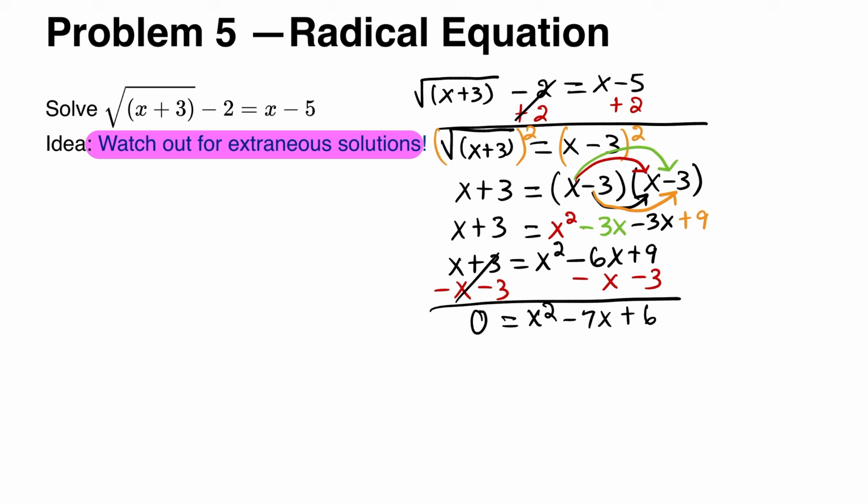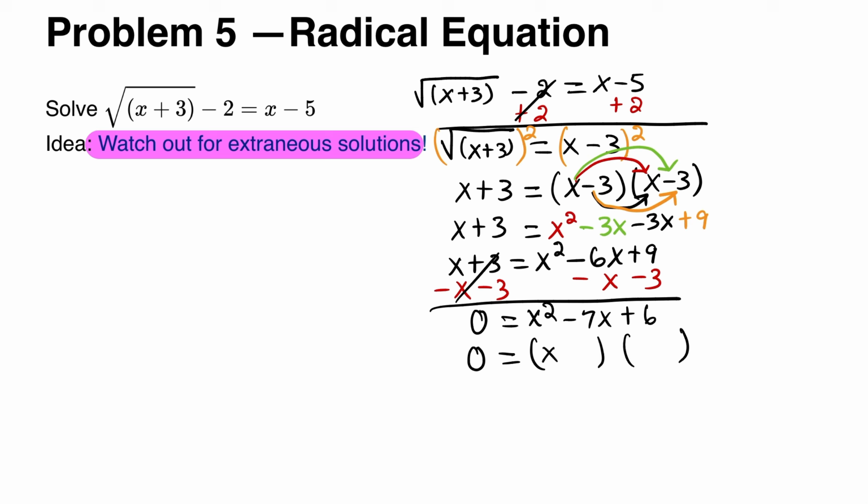Okay, so now we have 0 equals x squared minus 7x plus 6. So now we'll rewrite this quadratic x squared minus 7x plus 6 equals 0 in factored form. So we'll go ahead and just add the 0 here equals, and then we have two sets of parentheses.